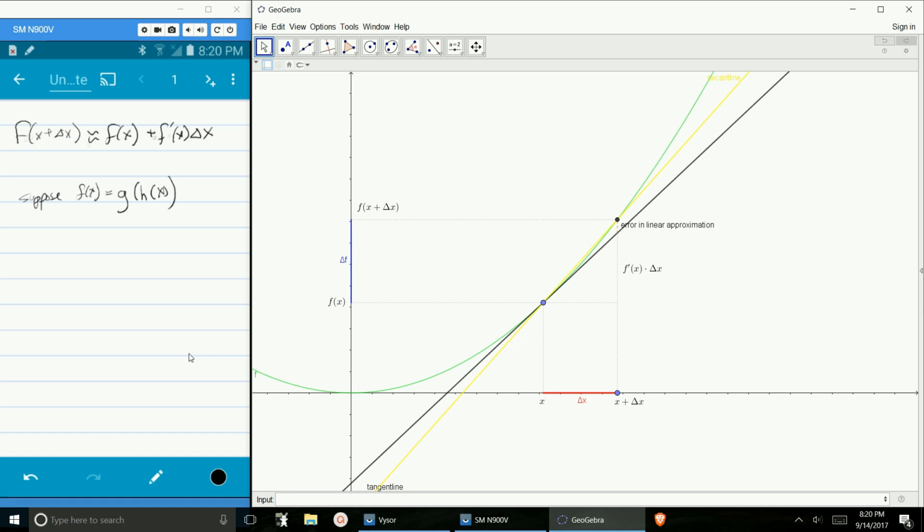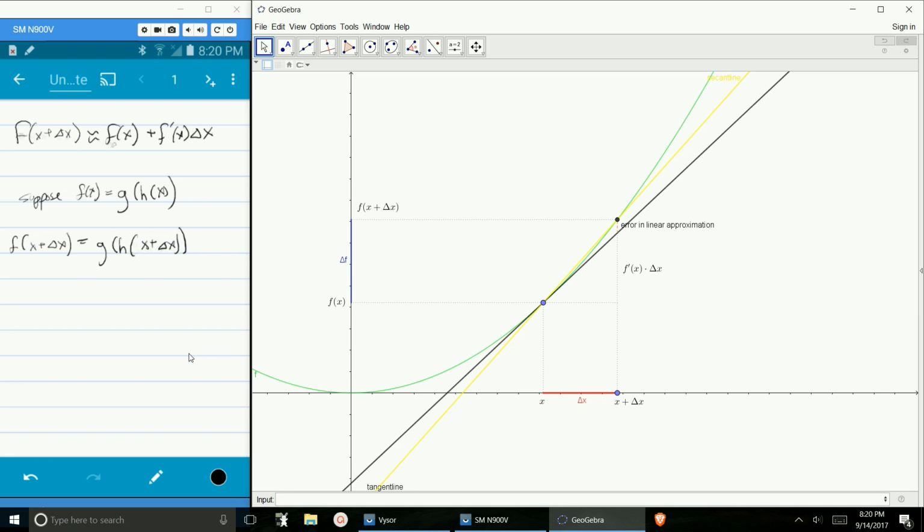Well, then what is this saying up here? Well, so then f of x plus delta x, that's the same as g of h of x plus delta x. Now, what can we do with this thing? Well, what is h of x plus delta x approximately equal to?